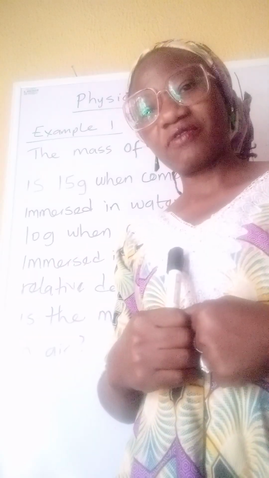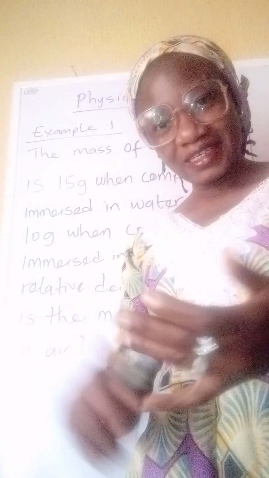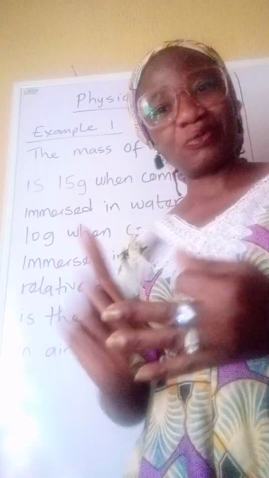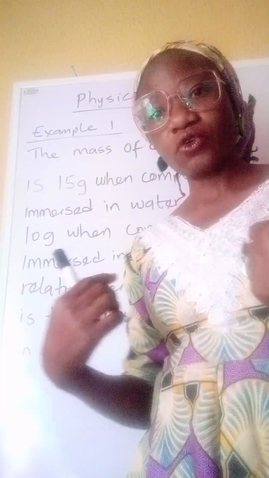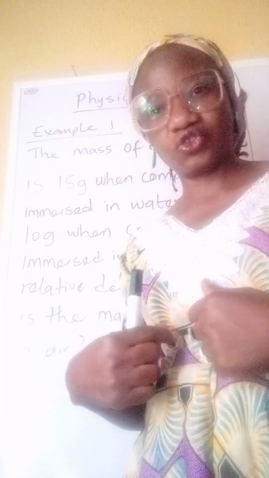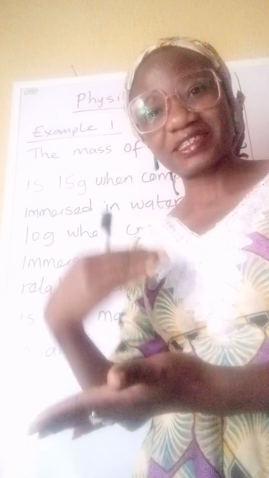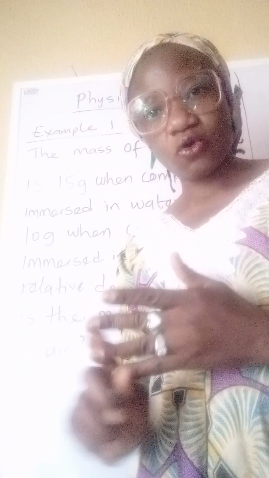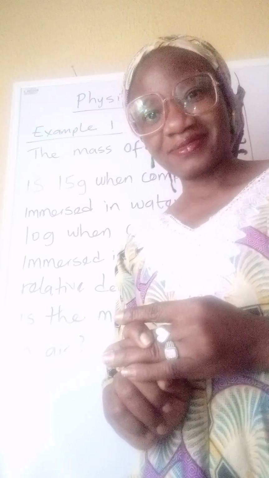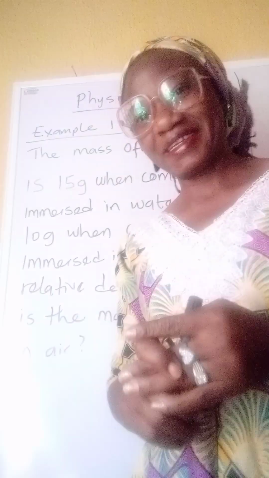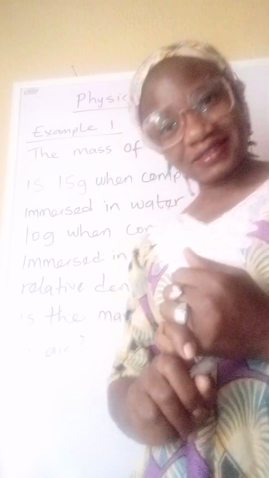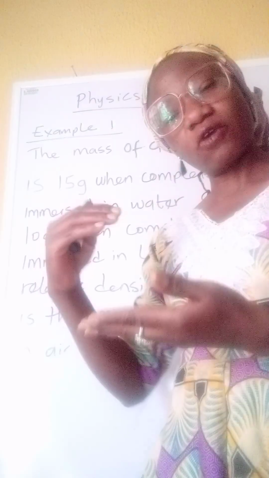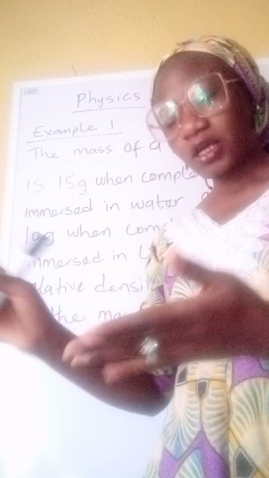So, what are we looking for? Is it W1? Is it W2? Is it W3? If you have followed the last video before this, you should be able by now to identify what W1 stands for, what W2 stands for, what W3 stands for. But I'm still going to explain again. W1 is the weight of the stone in air.